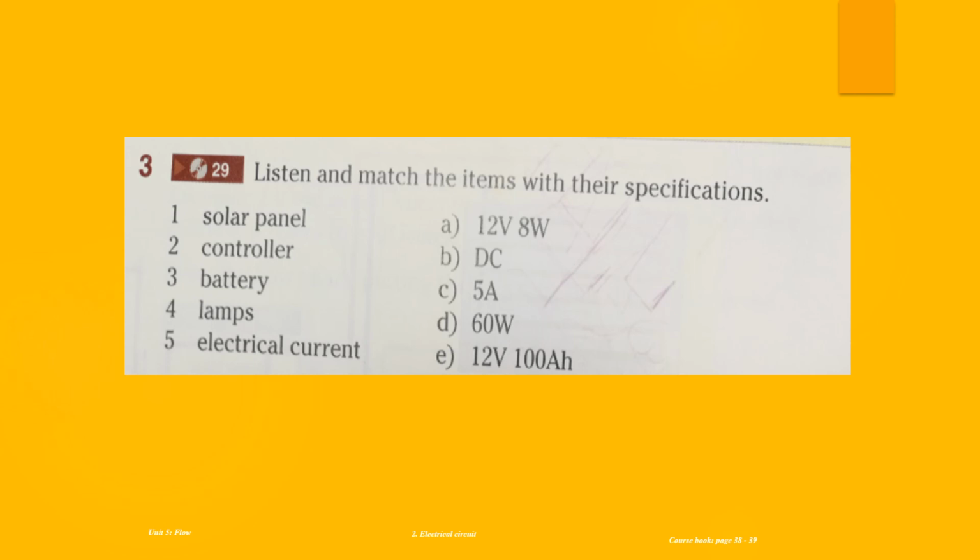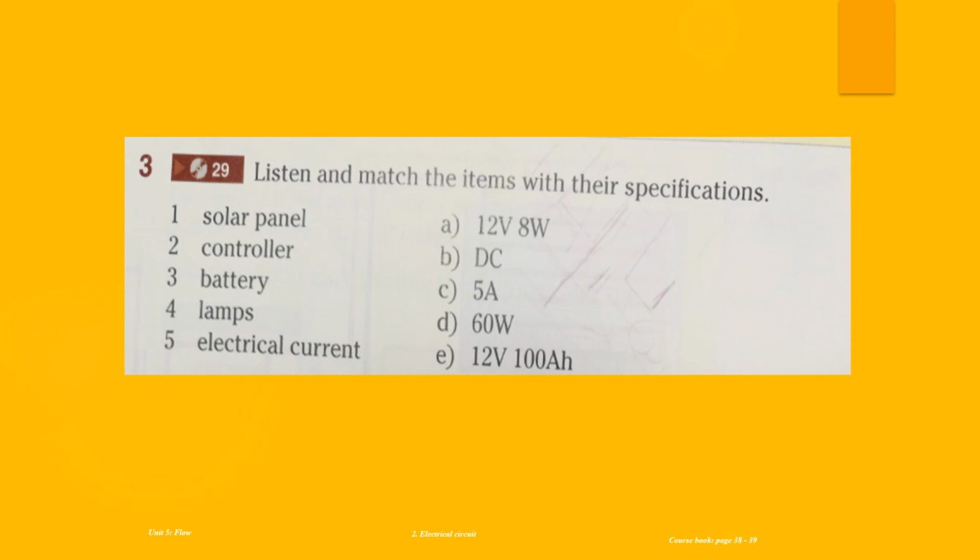And on the right we have A, 12V, 8W, B, DC, C, 5A, D, 60W or watts, E, 12 volts, 12V, and 100 AH. Now listen and match.